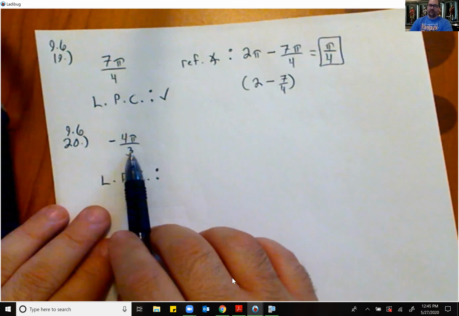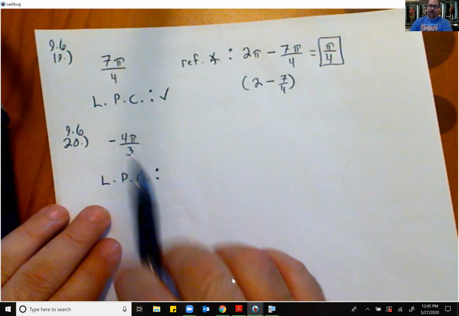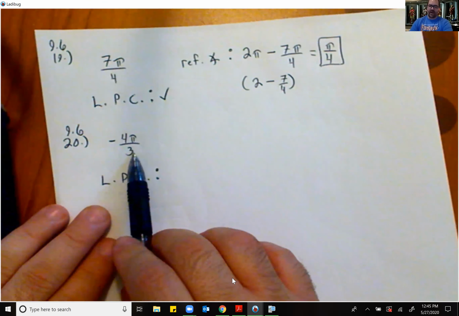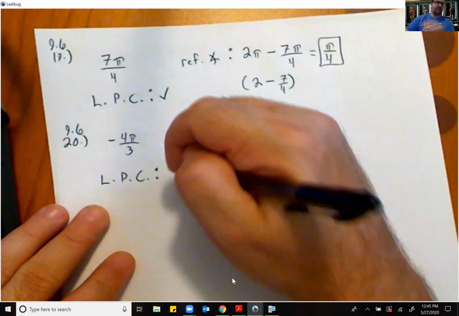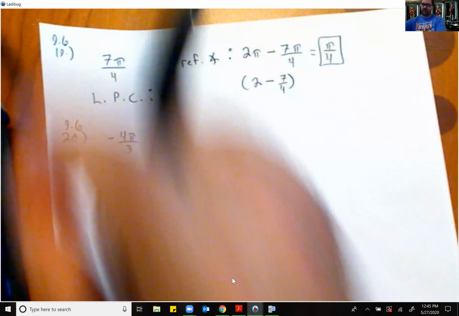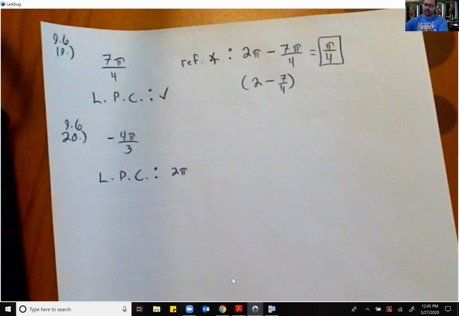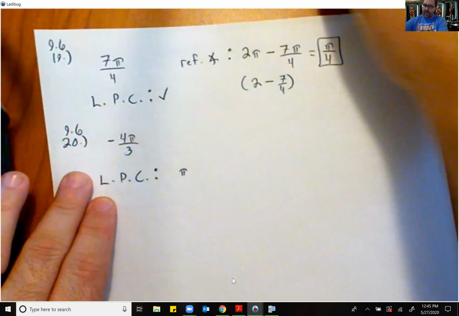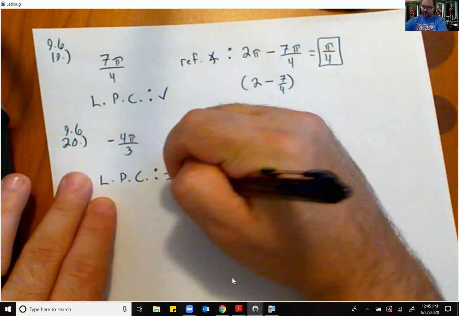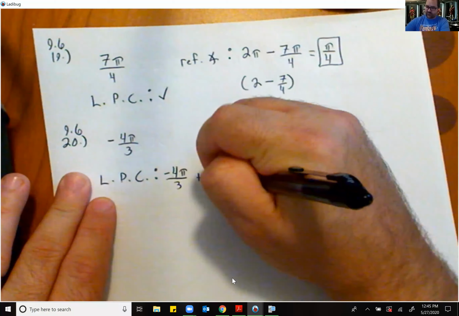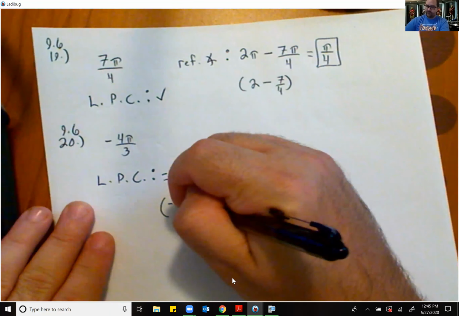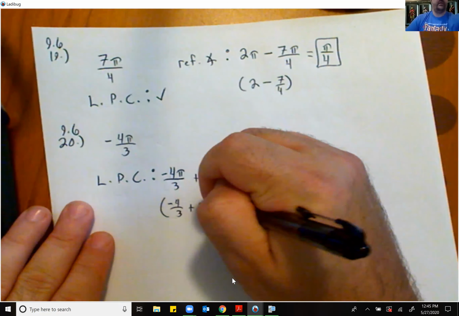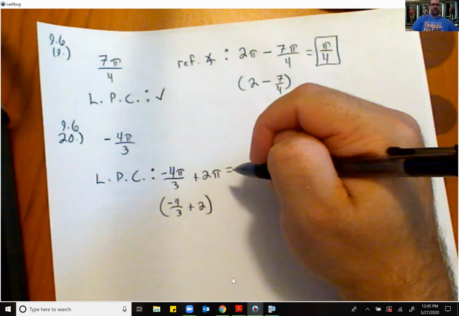So what we need to do is add 2 pi onto this until we finally get a positive number. So we're going to take our angle, negative 4 pi over 3, and we're going to add 2 pi to it. Again, just fractions. I'm going to take negative 4/3 plus 2. Okay? Pi is just along for the ride.